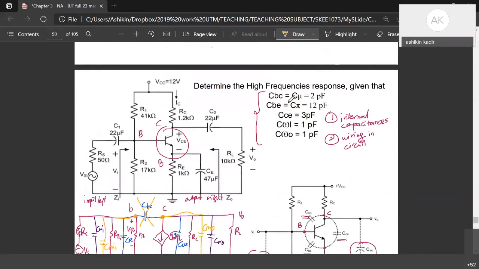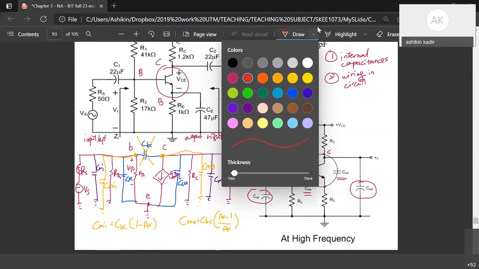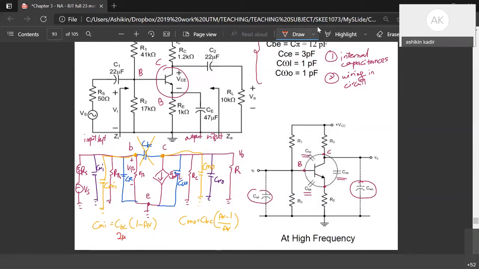CBC is 2 micro. So you denote it here, CBC with 2 micro, and then AV is 200 something, based on your DC analysis. Berapa AV? Nanti kira lah berapa, sebab you can use the AV from the previous class, because this is the same circuit.